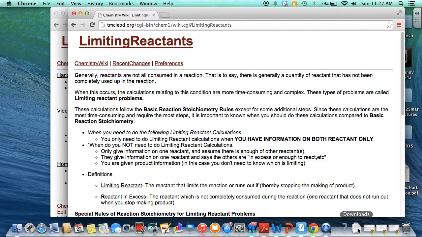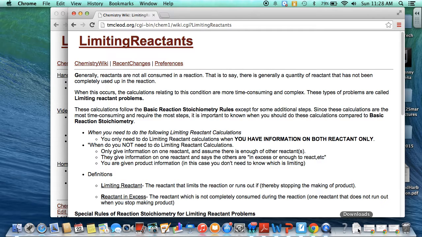And the reason is, since you're going to be doing stoichiometry, and stoichiometry requires a starting point, if you're given information about both reactants, which one do you start with? Do you start off with the information from the first reactant or the second reactant? So you have to figure that out. So that's what's called a limiting reactant problem.